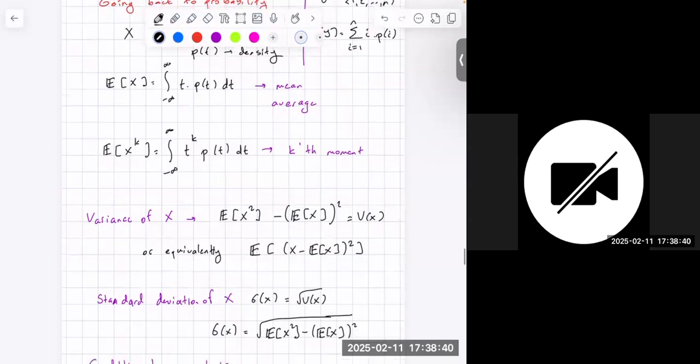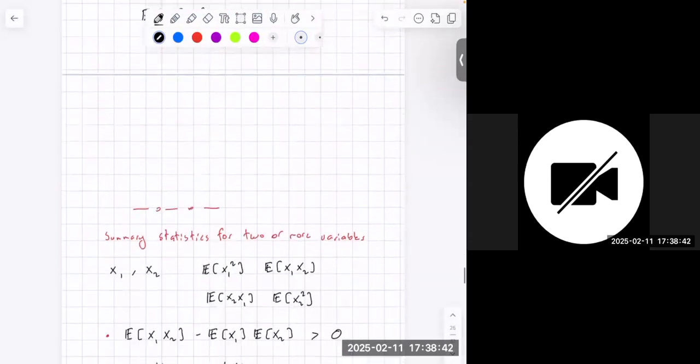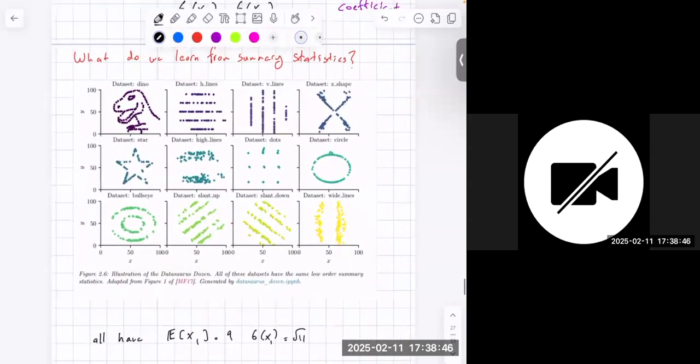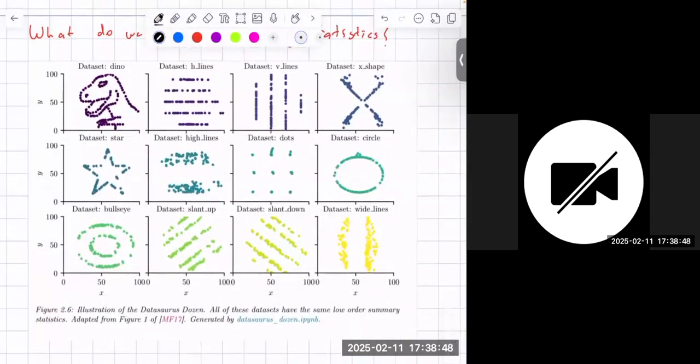Okay. Let me show you a picture. I'll get back to what I was going to say here later. Here is something called a data source. This is a whole bunch of data. It is 2D data. I'm going to tell you how to think about average and variance and whatnot when you have 2 dimensions. But intuitively, it shouldn't be so hard to follow.